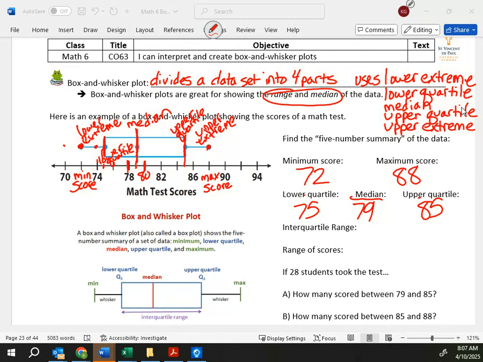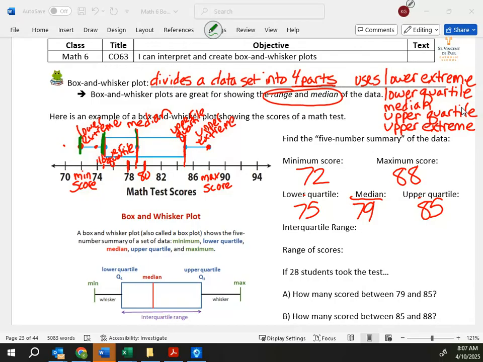It's important that we figure out all of where these dividing lines are, because how many parts did I say we break our box and whisker plot into? Look at our definition. How many parts are we breaking it into? Lila? 4 parts, right? So box and whisker plots are broken into 4 parts. So part number 1 is right here, that lowest part, so that lowest extreme.